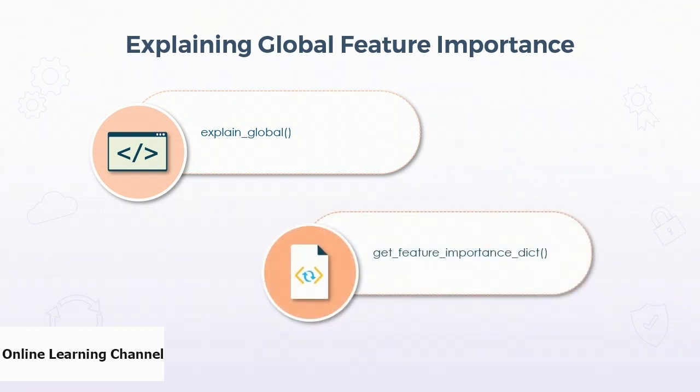Now, once you perform the calculation, you can then call the getFeatureImportanceDictionary method. And this method returns the various feature importance values as a dictionary. The keys of the dictionary are going to be the various feature names, and the values are going to be the actual importance values. So let's say, for example, that you have a model that predicts whether patients are diabetic.